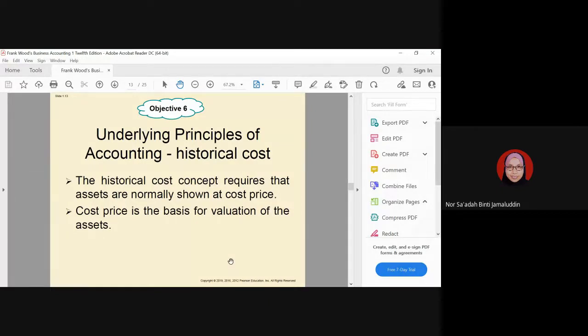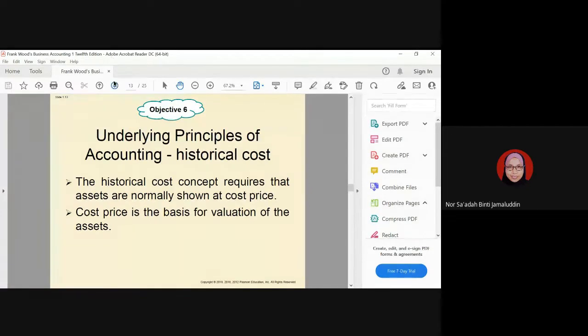Because when we want to compare whether the asset is able to create profit or not, we must compare the cost price at the first date when you bought the asset with the current price. So you may get a profit or you may get a loss. In order to do the basis for valuation, you must focus on the cost price.